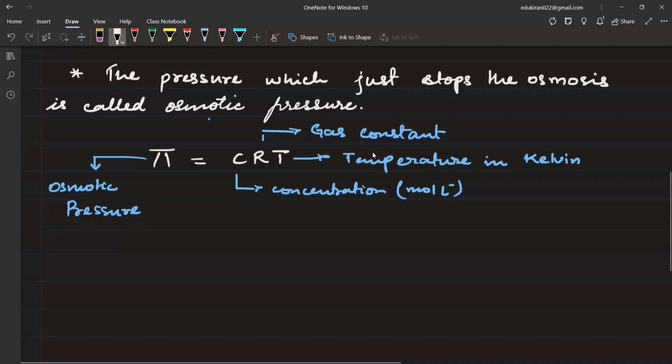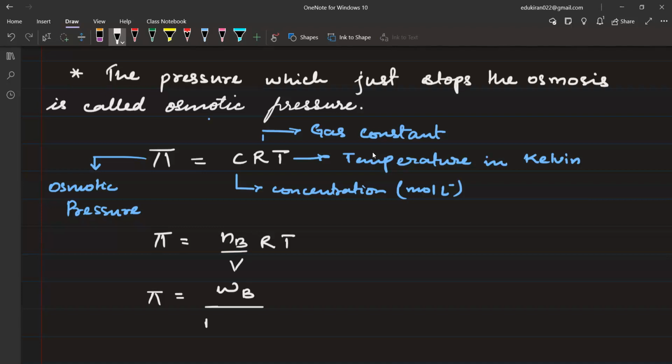Okay. Now, please write next. Here we have concentration in moles per liter. So I can write π equals the number of moles of solute divided by the volume of solution, into R into T. Then what else can I write? π equals number of moles, which is W_B divided by the molar mass of the solute, multiplied by the volume of solution, RT.